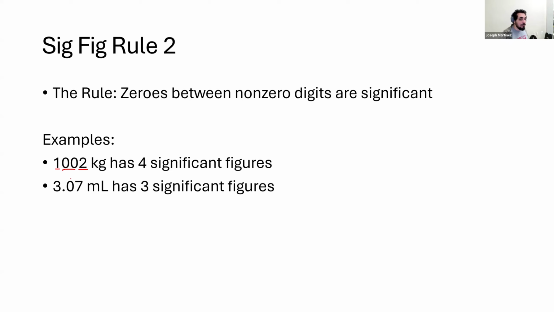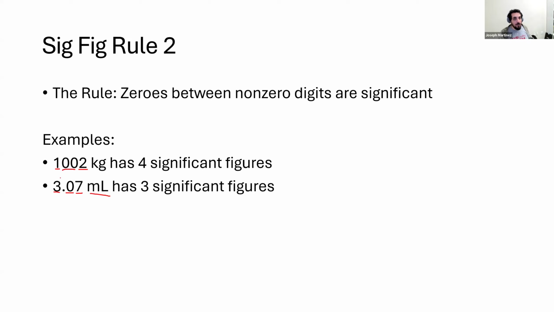So 1,002 kilograms has 4 significant digits because of those captive zeros, those zeros between non-zeros. 3.07, again, 3 and 7, those are significant by the first rule, and the second rule tells us that this 0 is also significant, giving us 3 significant figures for this 3.07 milliliter. Again, units are important.